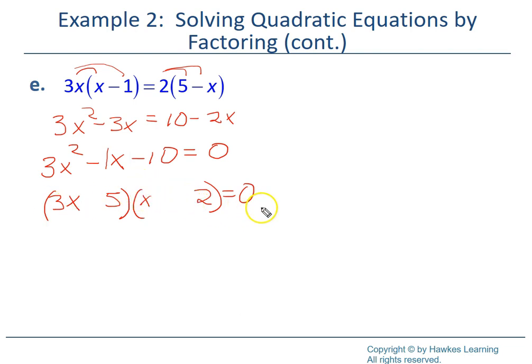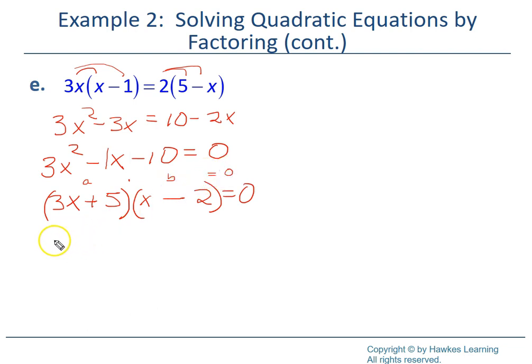Now what would the signs be? Well, I need a negative in the middle. So my larger, the 6, has to be the negative, and this is the positive. So now I equate each of these factors. Remember, this is a times b equals 0.